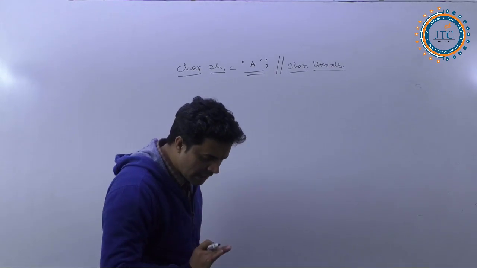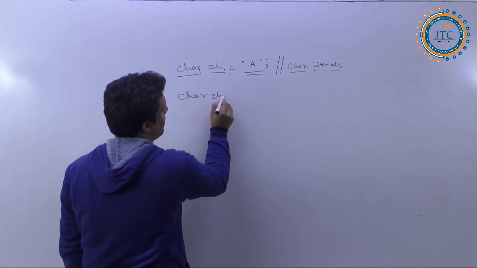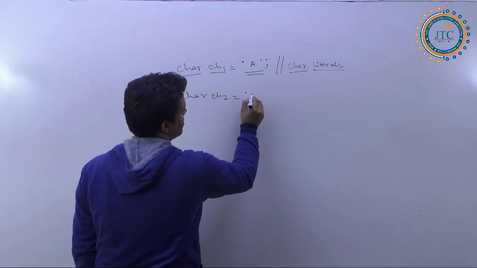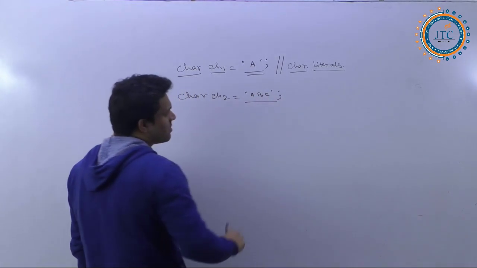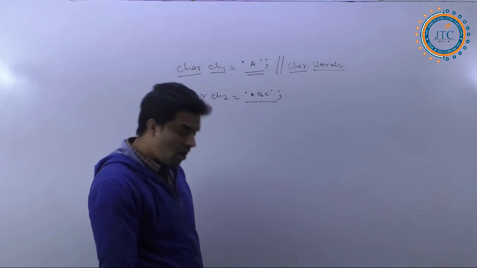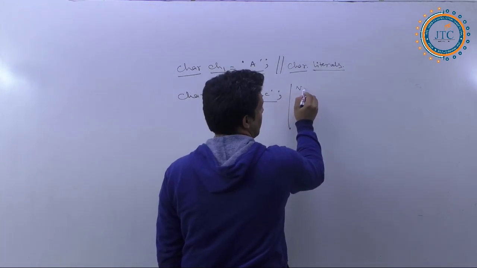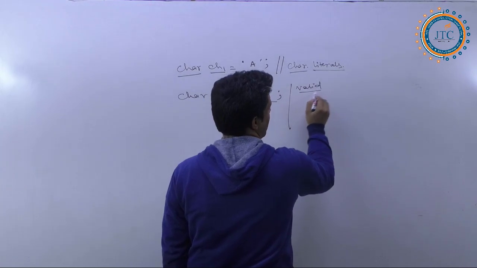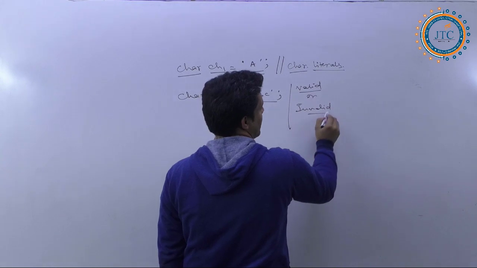Now next, you can ask me one question: sir, if I am writing char ch2 with A, B, C in the single quotes, is it the valid character literal or the invalid character literal?